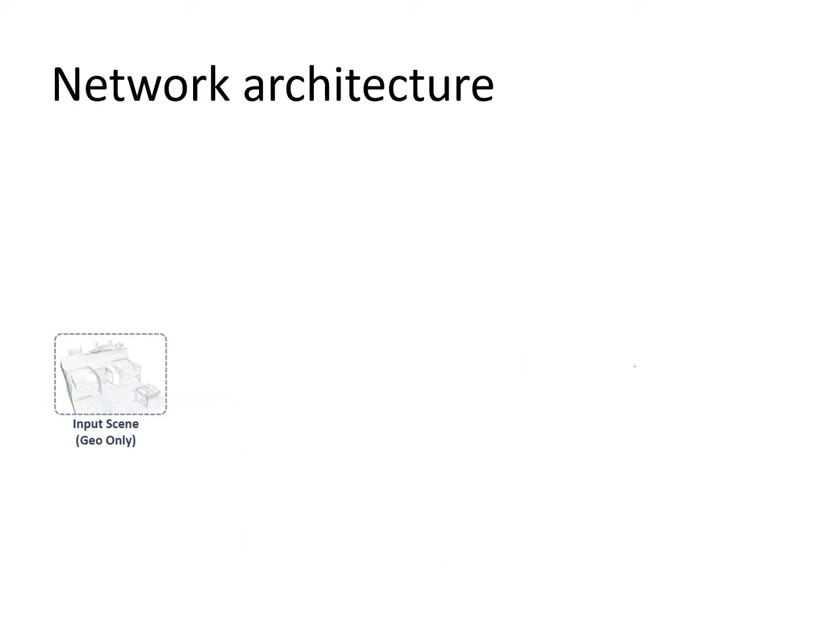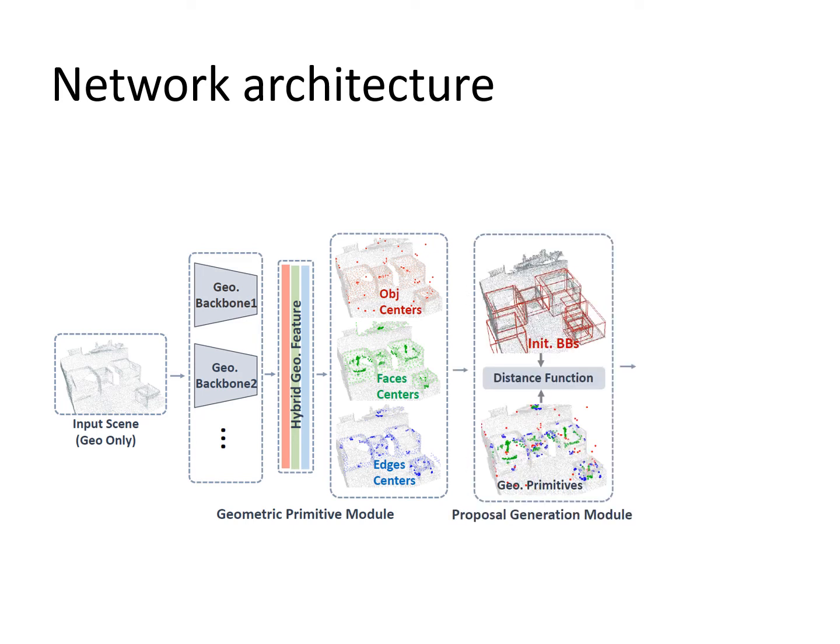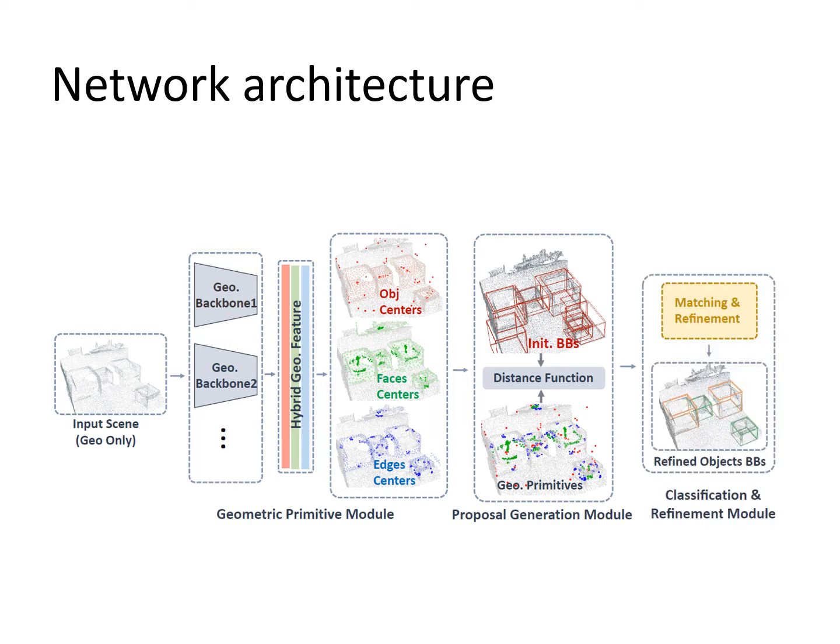So this slide shows the overall network architecture, which consists of three modules, including a module for generating primitives, a module for fitting initial object proposals to the primitives, and a refinement module, which essentially leverages the features associated with hybrid geometric primitives.